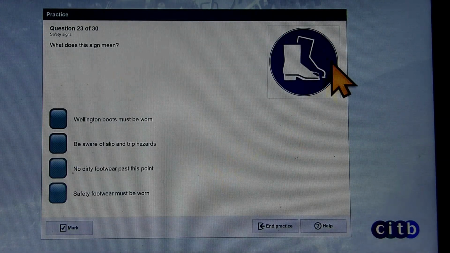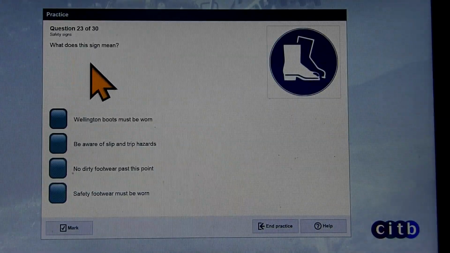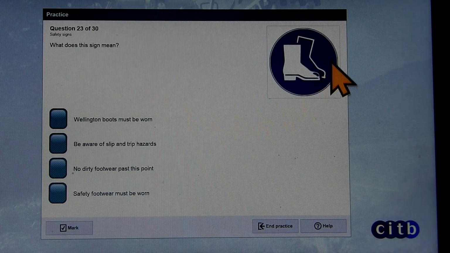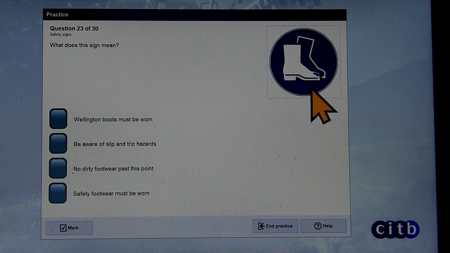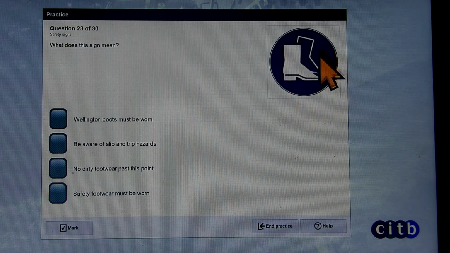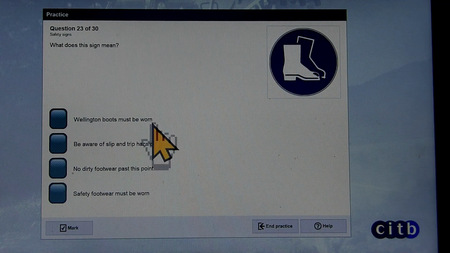Again, what does this sign mean? They are mandatory to use, but what to use? We have to check inside the blue label. So, safety shoes. Wellington boots must be worn?